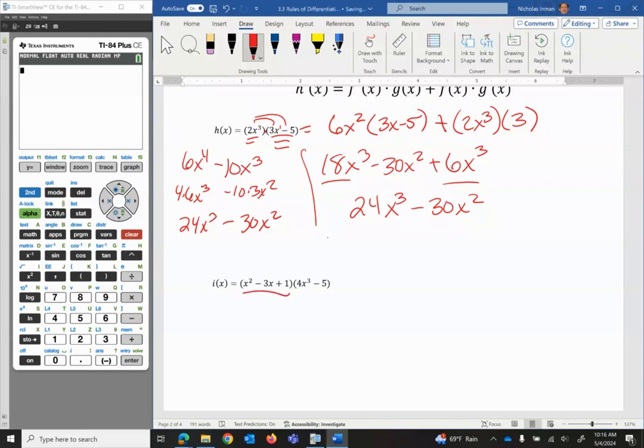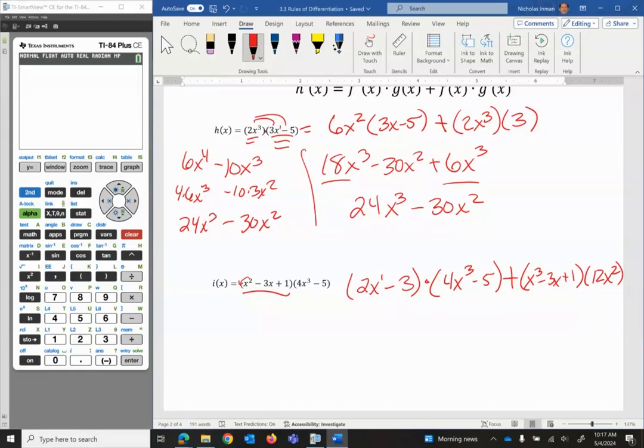So the first thing's derivative, 2x, 2 to the front, and then 2 minus 1 is 1, minus 3, and the derivative of 1 is just 1, times the second thing left alone, plus the first thing as it is, times the derivative of the second thing. 3 times 4 is 12x squared, and the derivative of 5 is gone. All right, derivative of 5 is 0.